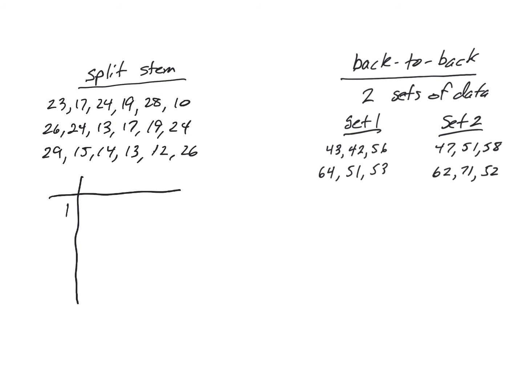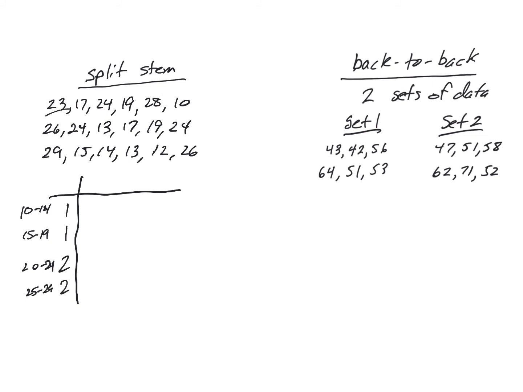So instead of just doing 1 and 2, we're going to go 1, 1, and 2, 2. The first one is going to contain anything from 10 to 14. This is going to be 15 to 19, these are going to be 20 to 24, and these are going to be 25 to 29.